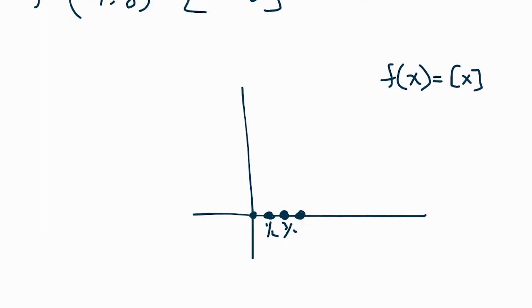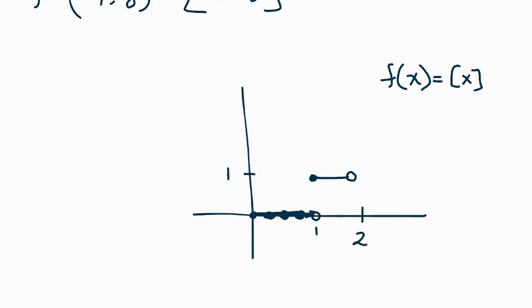And so we end up with our graph starting on the x-axis until I get to the number 1, which ends up being an open circle. Because what happens when I get to the number 1? Well, I literally would jump to the next y value, to the next integer. So 1.1, 1.2, 1.3, 1.4, all the way up to 1.9 until I get to 2.